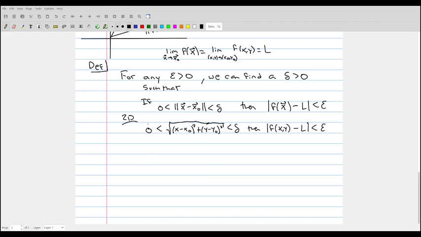And our interpretation, again, is very similar, if not exactly the same idea as how we interpret this for functions of a single variable.